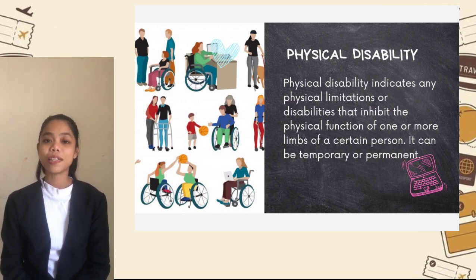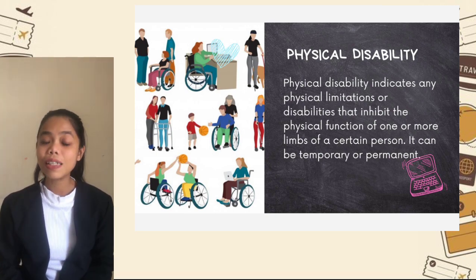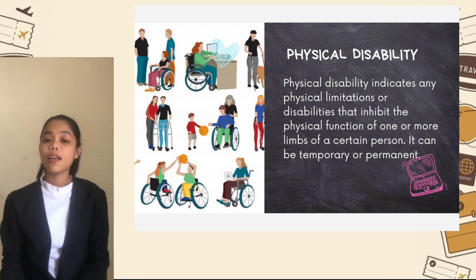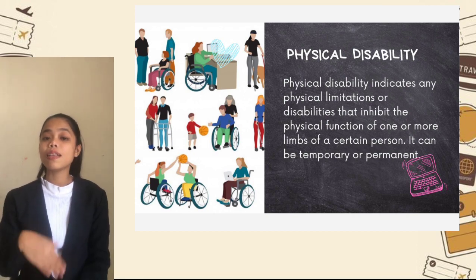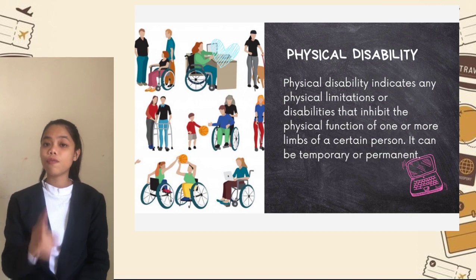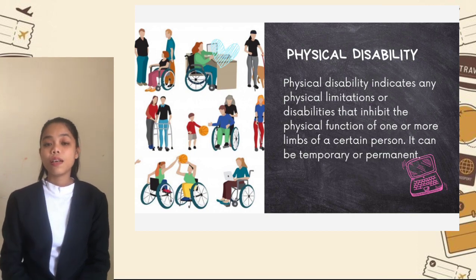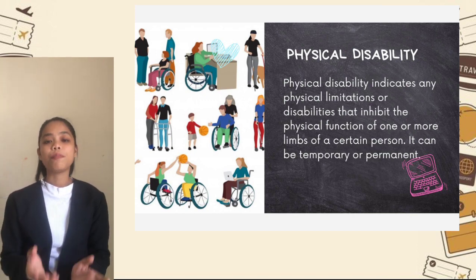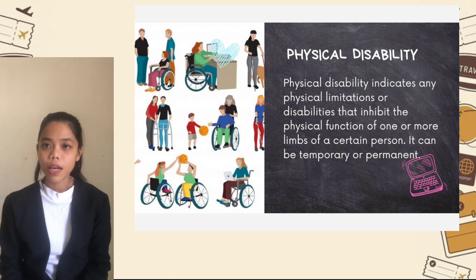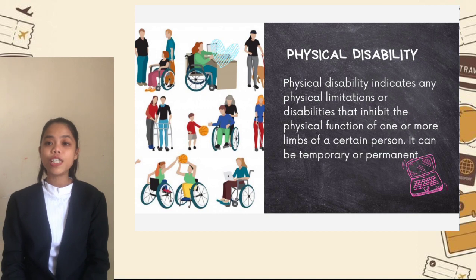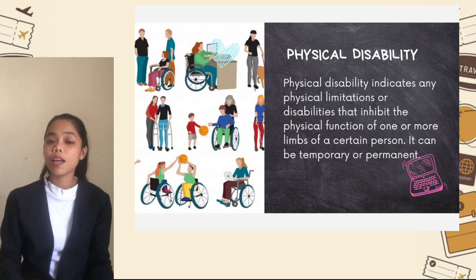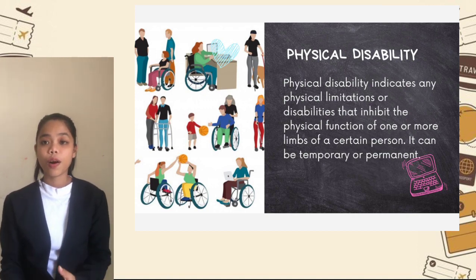What is physical disability? So physical disability indicates any physical limitations or disabilities that inhibit the physical functions of one or more limbs of a certain person. So it can be permanent or temporary. So physical disability is caused by a number of conditions, some of which are permanent, some of which are temporary.